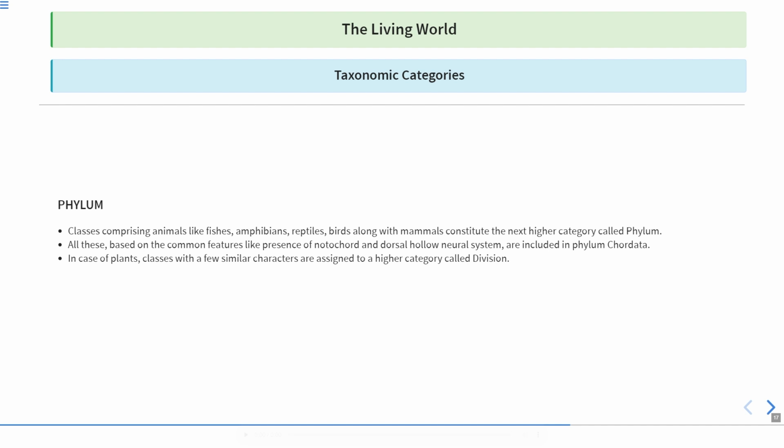That is why it is written here: few similar characteristics, division.